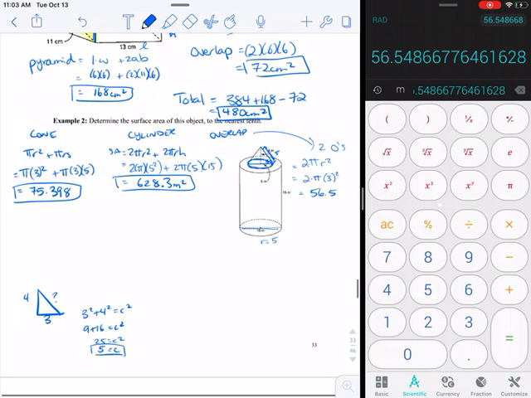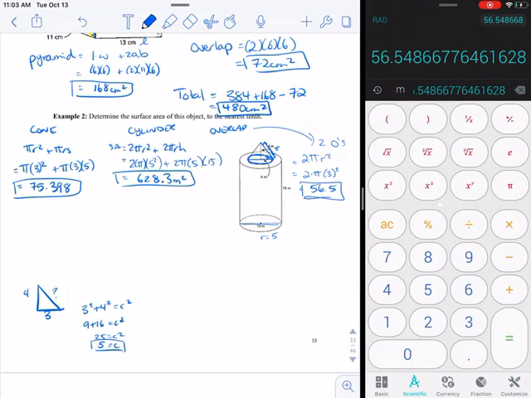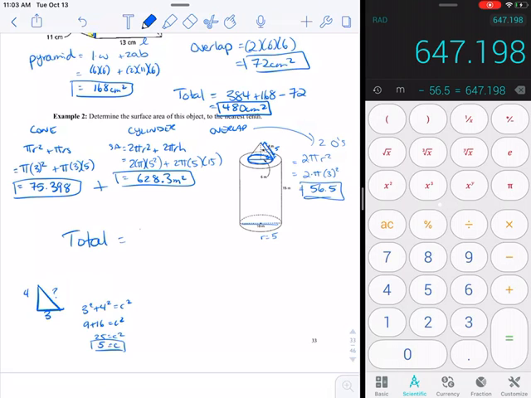If we do the total, this is a lot of math here, but it's these two things added and then subtract the overlap. So 75.398 plus 628.3 minus 56.5. And we'll get a total of 647.2 meters squared.